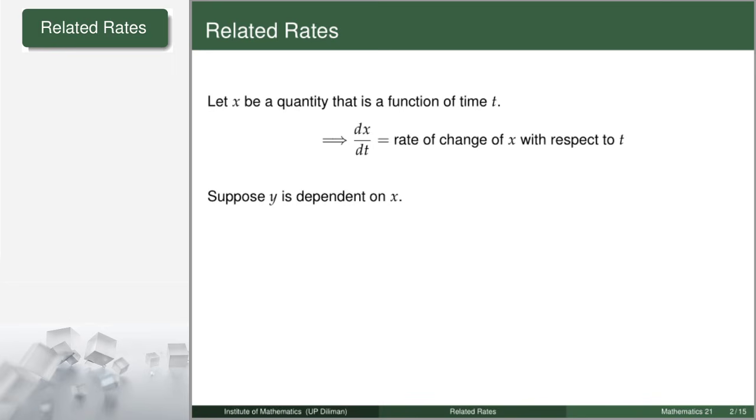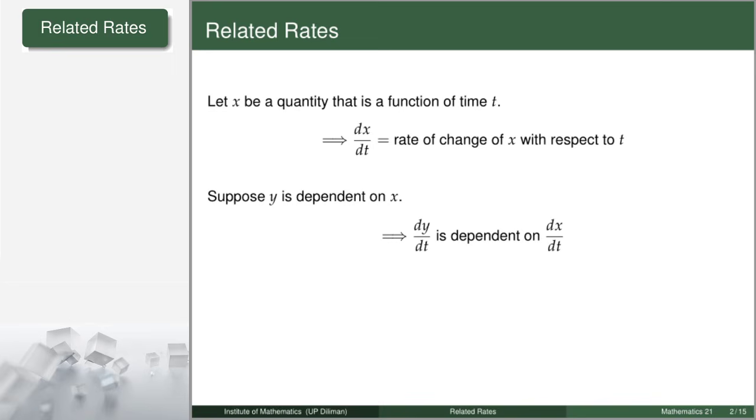It is interesting to note that because of the dependency of the variable y with respect to x, the rate of change of y with respect to t is also dependent on the rate of change of x with respect to t, thus giving us not only a relationship of variables, but now a relationship of two rates, dy over dt and dx over dt.